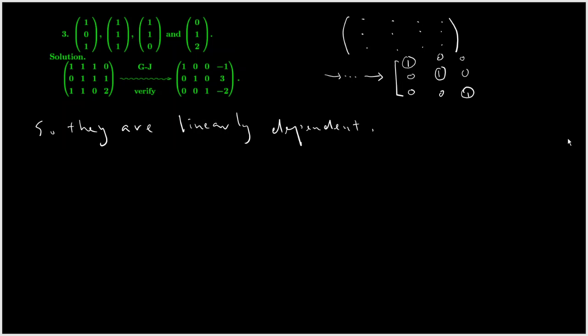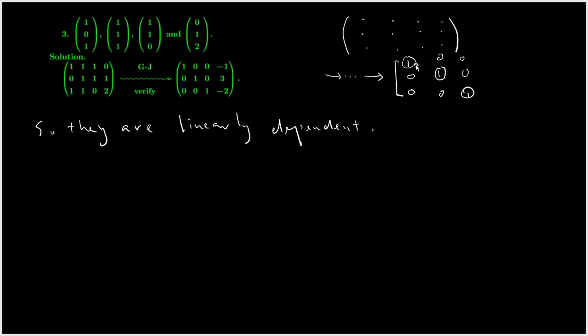Now we imagine the case where the matrix has the most number of leading ones. Because the matrix has 3 rows, there are at most 3 leading ones. So that makes sense? Each leading one must be located in some column.